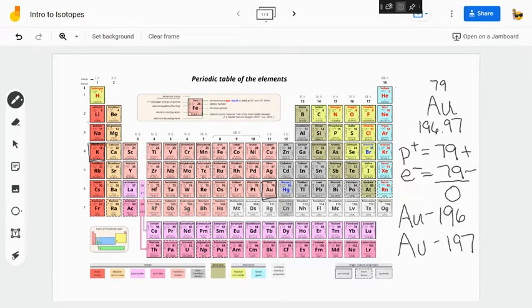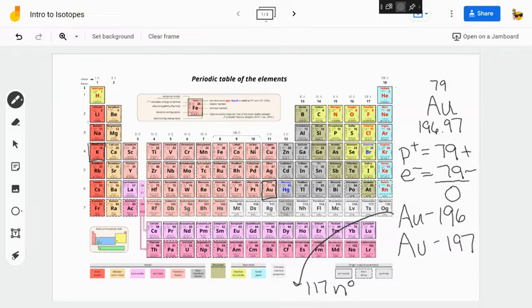I'm getting a calculator for this. So gold 196 has 117 neutrons.